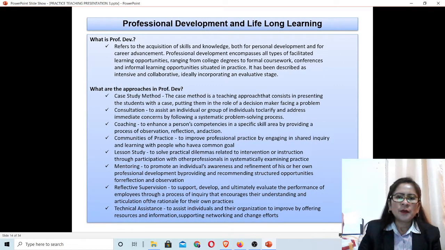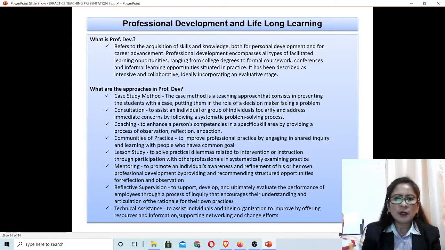Professional development and lifelong learning. What is professional development? It refers to the acquisition of skills and knowledge both for personal development and for career advancement.